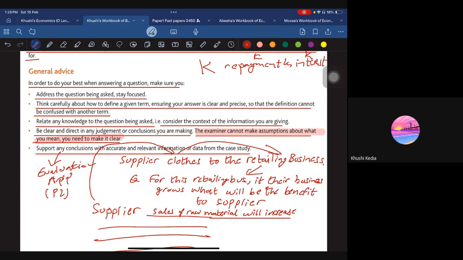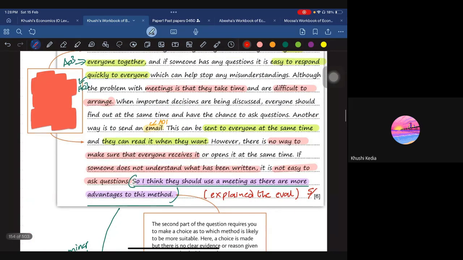Now we are going to put a stop here, and in the next coming classes, next week, I will simply teach you about the assessment objectives and the paper pattern of economics, right? So we are here done with the business one.